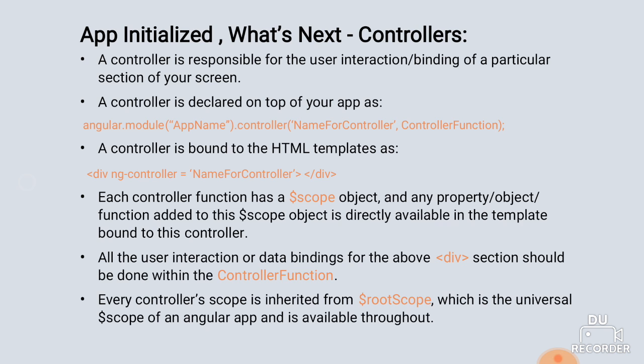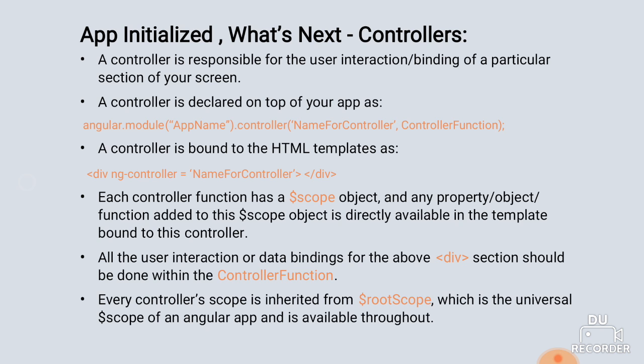Okay, so each controller by default gets a scope property. A scope property is nothing but an object. Any property declared on top of this object is readily available to the template governed by the controller. So in this case, any property declared on top of this scope object inside the controller function will be available to the div DOM and all the nodes inside this div DOM, right?